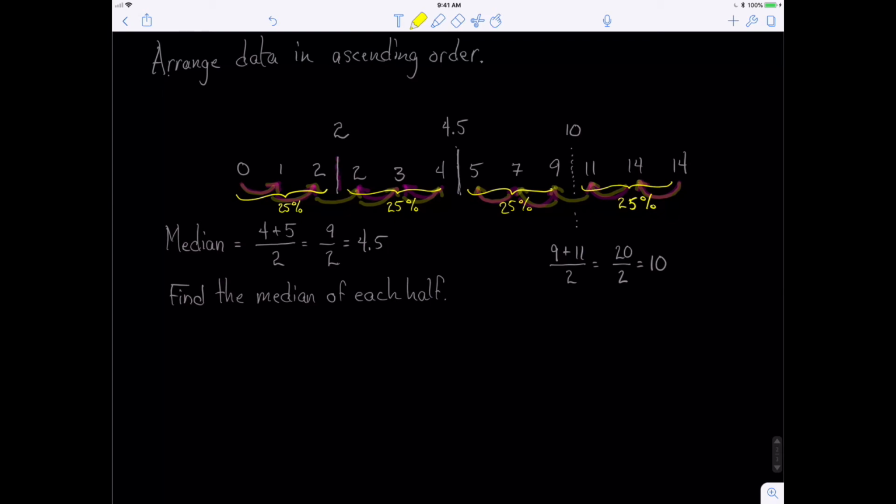So we say the lowest 25% is below what we call Q1. And Q1 is the 2, and it's called the first quartile.